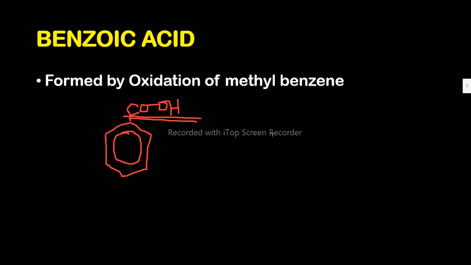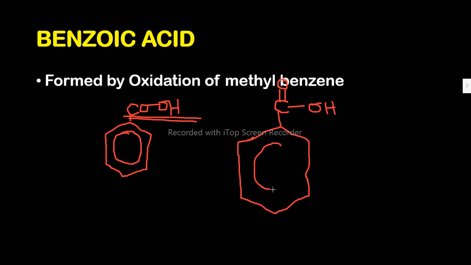Whereby, let's have a look. If this is the ring, let me draw something big. If this is the ring, and you have the carbon atom, and the carbon is bonded to oxygen, and then there is another OH. Can you imagine? So such a compound whereby the carbon is less electronegative, the oxygen is more electronegative. So the oxygen is more electronegative than the carbon. The same applies to this.